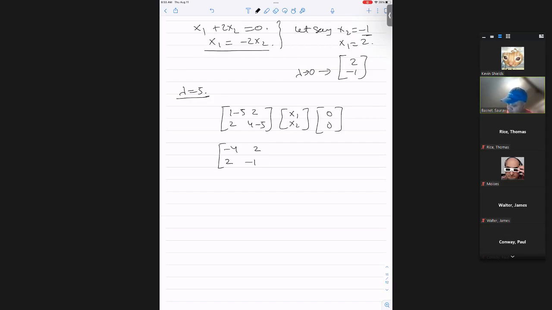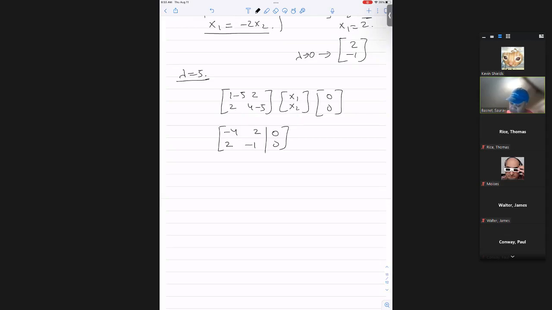I want to do the augmented matrix because I want to use the row reduction method. If I multiply row 2 by 2 and add row 1, it gives me the new row 1. I want to make one row 0, so this will give me 0, 0, 0, then 2, -1, 0. Am I right?